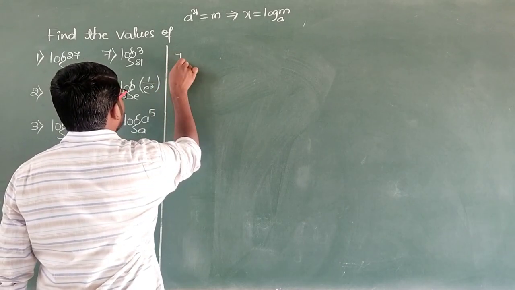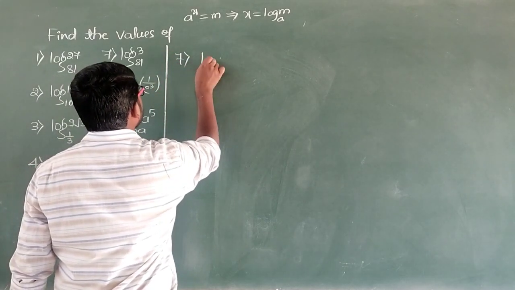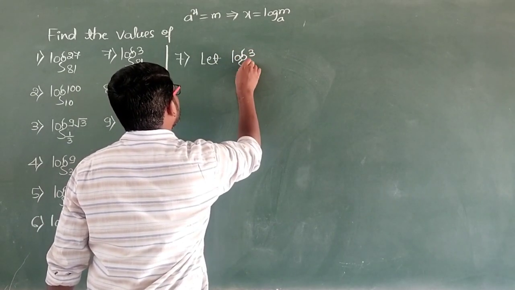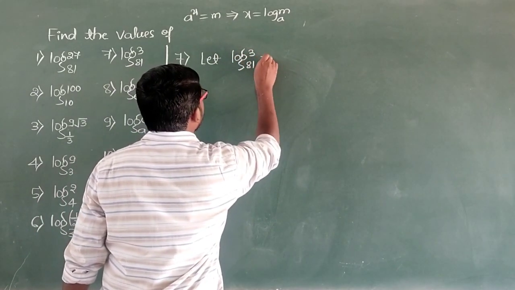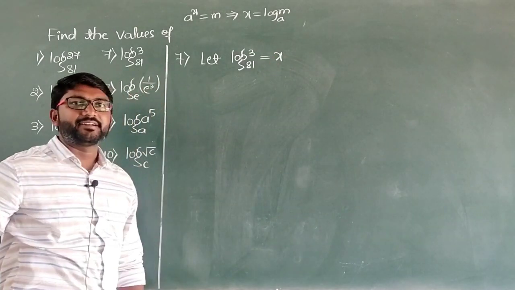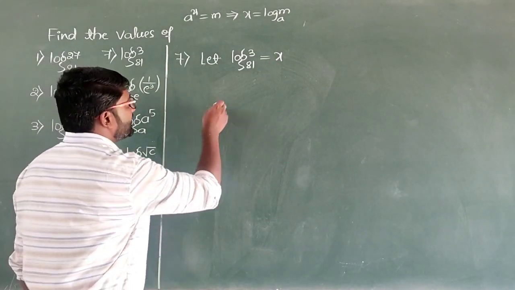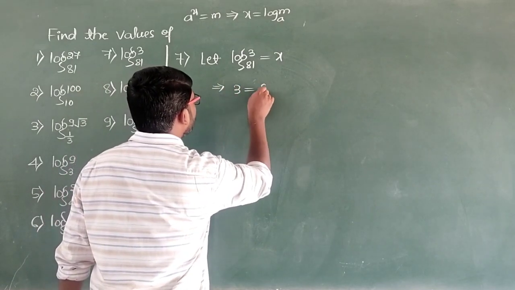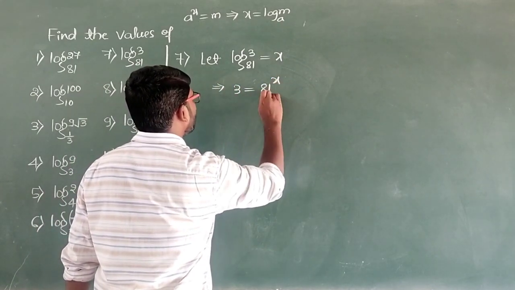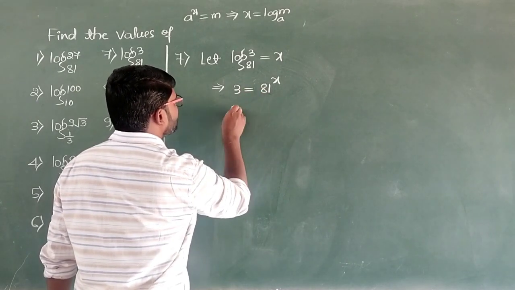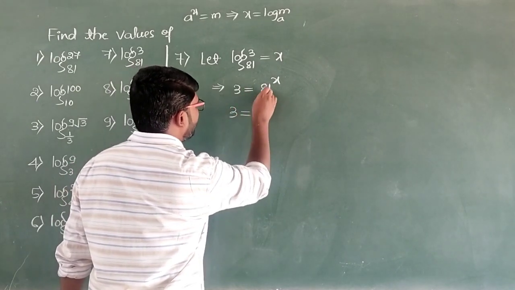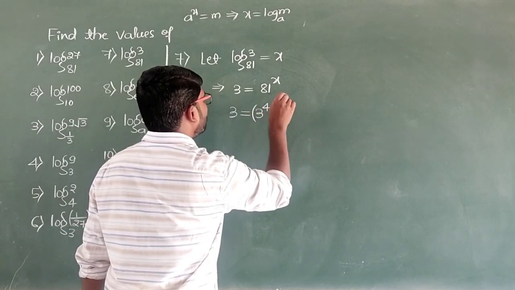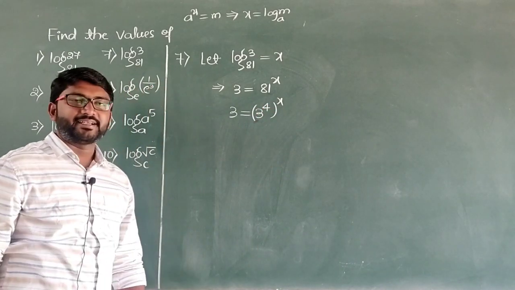Yes, question number 7, it is log 3 to the base 81. I take this as x. Then this implies 3 is equals to 81 to the power x. Then 81 can be written as 3 to the power 4, whole to the power x, must be written as it is.